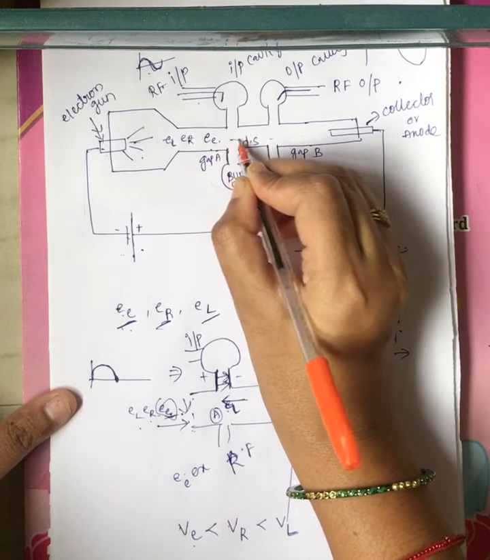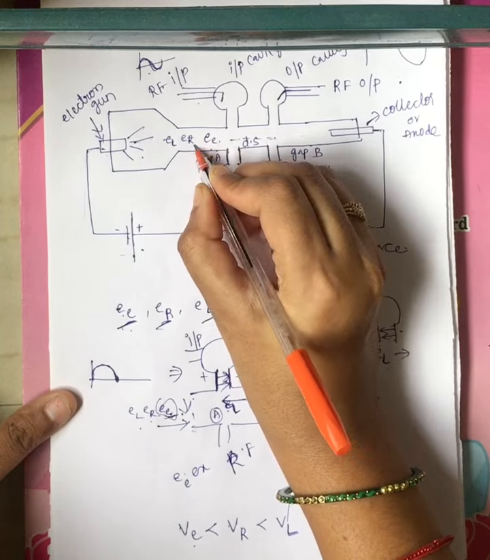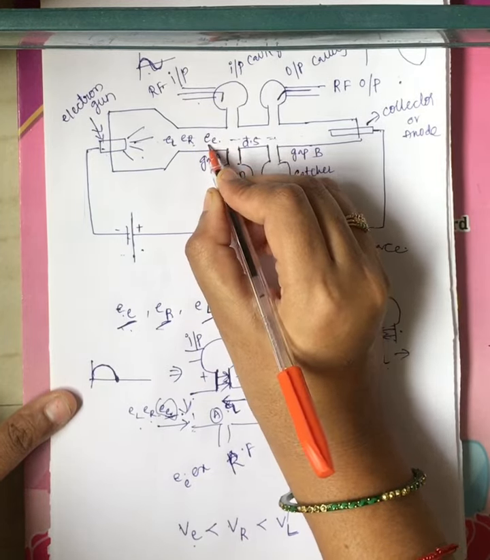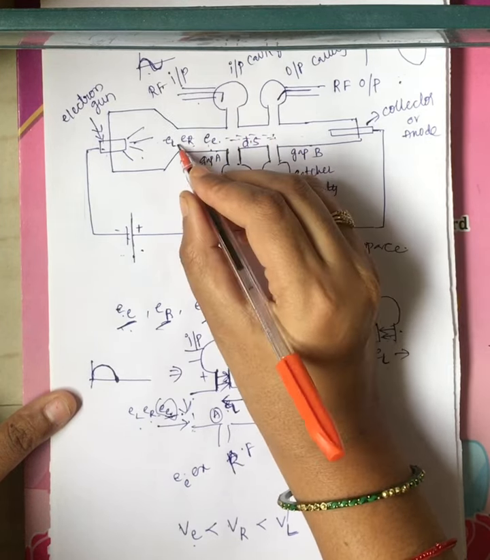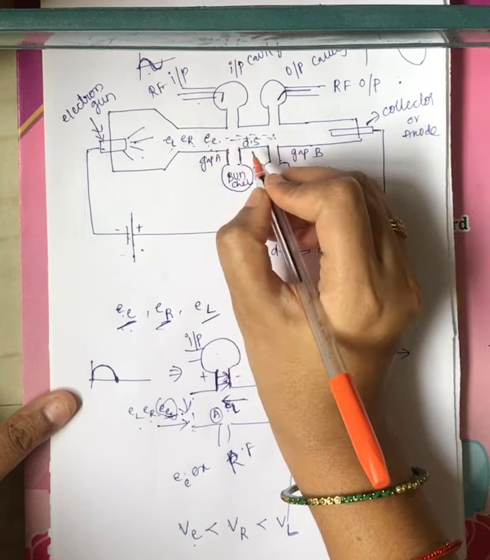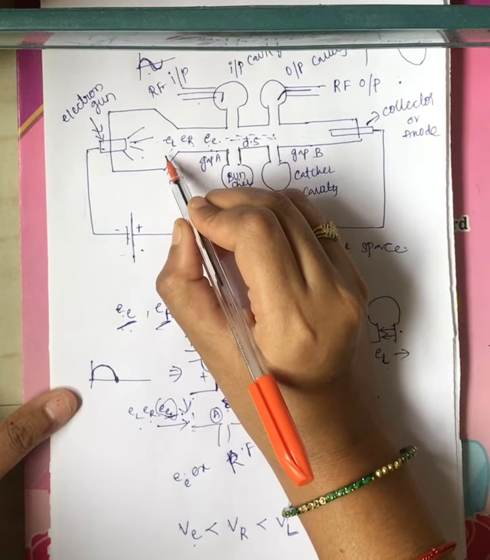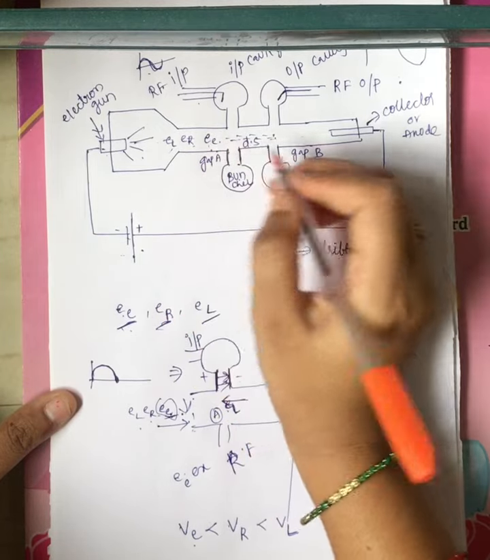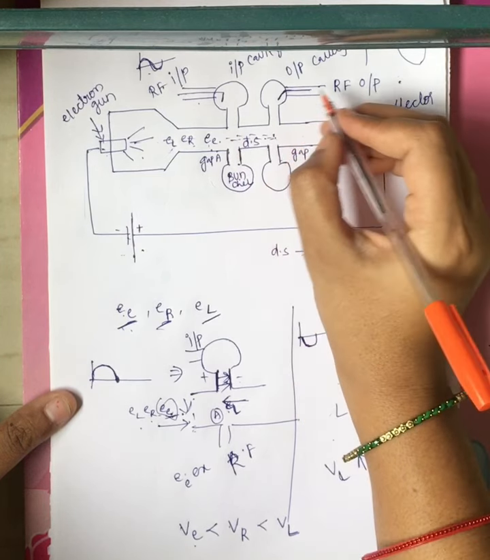The early electron is experiencing resistive force, and hence its velocity decreases. With decreasing velocity it will travel along this tube. The reference electron will have somewhat greater velocity than the early electron. With that velocity it will travel along this tube, and the late electron will arrive fast because it is experiencing accelerating force. Its velocity increases. These three electrons will arrive at your output cavity.